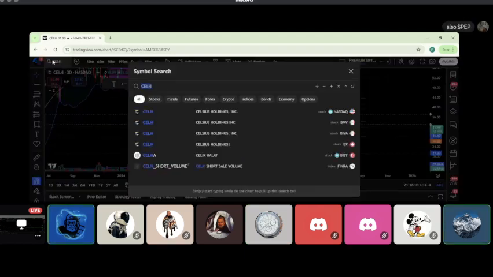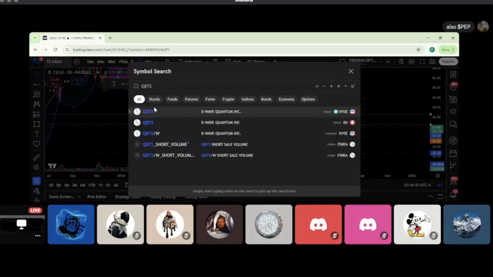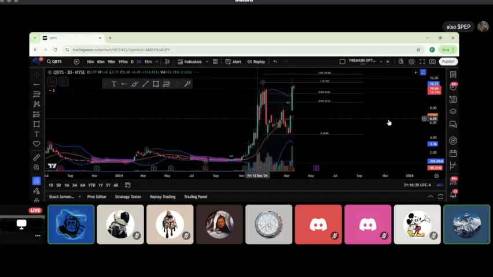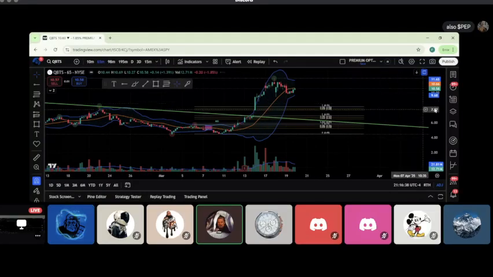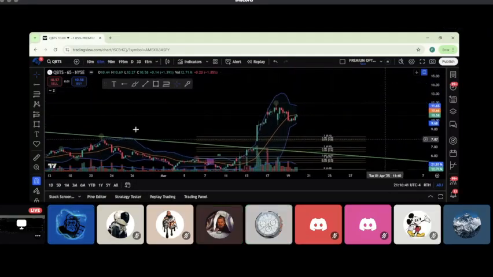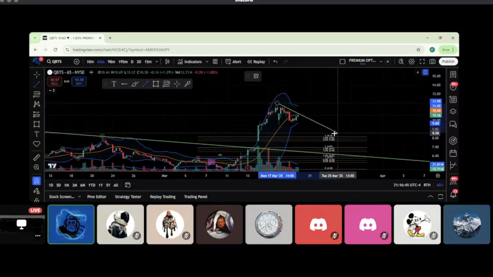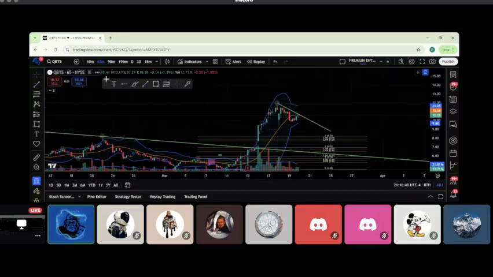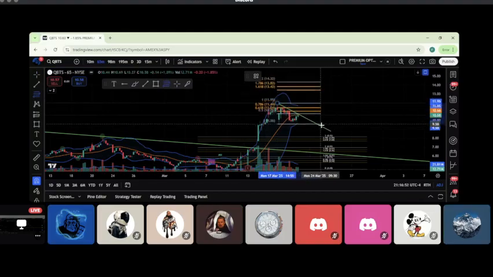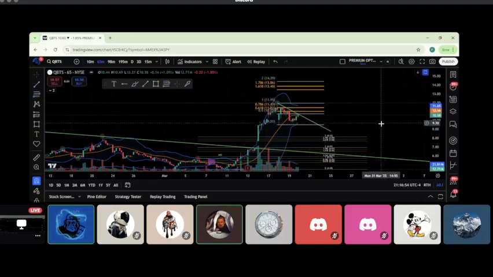QBTS. I think we talked about this one yesterday too. Oh yeah, is that a quantum? Yeah. Oh yeah, Bob. Look at that, Bob. Nice trend line. Looks like it could break out. I think so, mate. 14 dollars in the future, maybe?